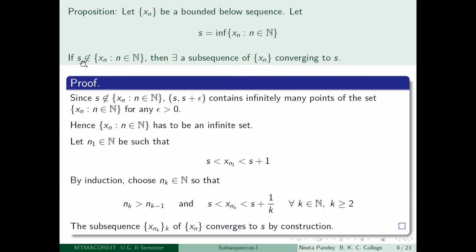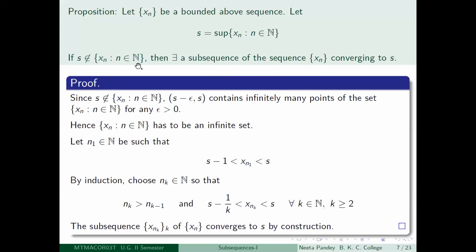So this is a very, very important condition which you put here. Similarly for the previous one, if you take a bounded above sequence and suppose that s is the supremum of that, then if s is a term of the sequence, it may not be possible to get a subsequence which converges to it. For example, take the easiest one, 1 by n.